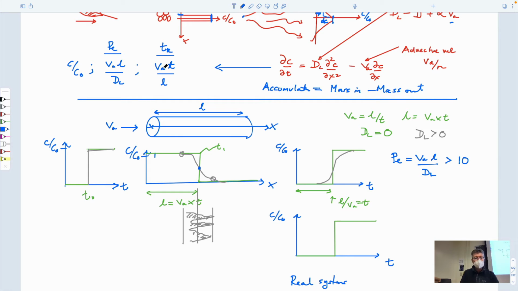So velocity times time is the length traveled in a unit time due to the advective velocity, and length is the length where you are. And so if you're at the location where this is equal to 1, this is equal to actually 1 pore volume. It means that you've pushed a volume of liquid water in the top end that has now arrived at the downstream end when this is equal to 1. That's the physical meaning of this.